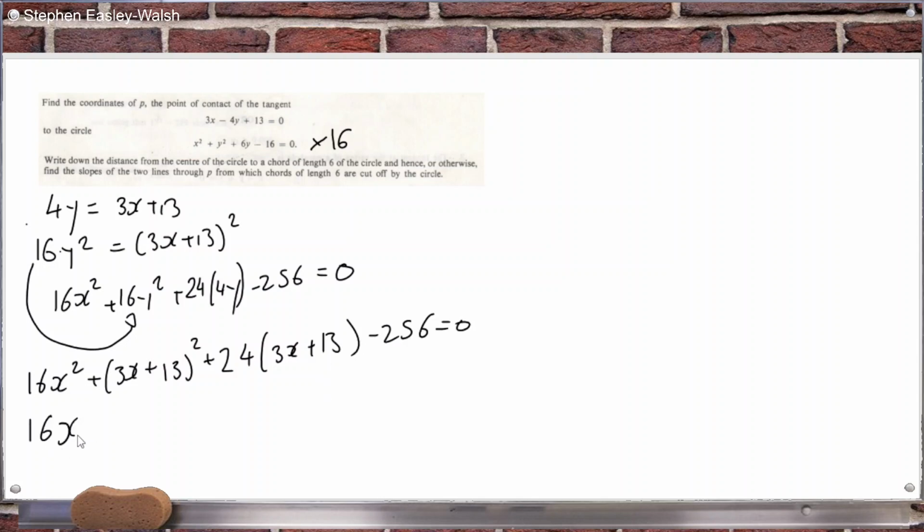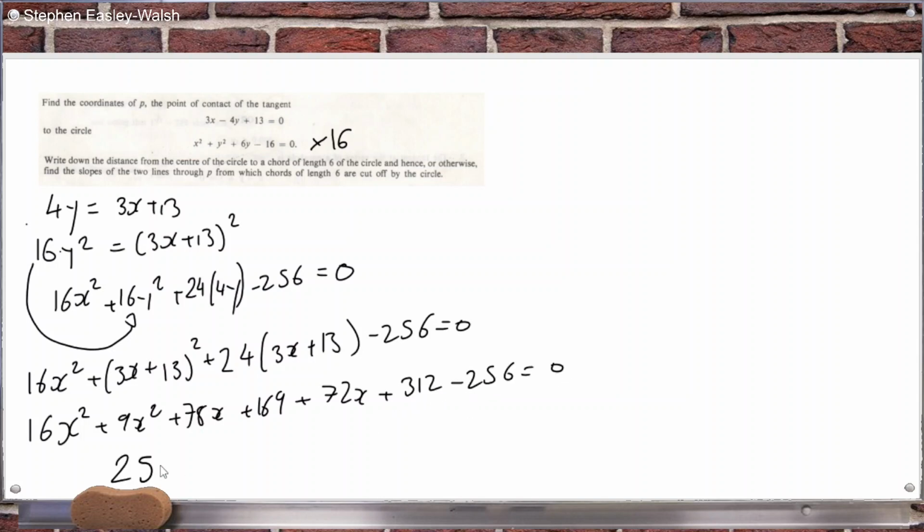So that's 16x squared plus 9x squared plus 78x plus 169 plus 24 times 3, which of course is 72x, plus 24 times 13, which is 312, minus 256 equals 0.